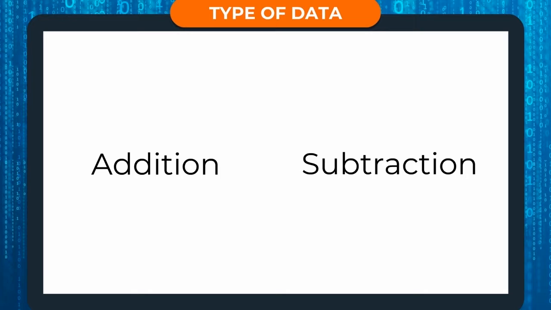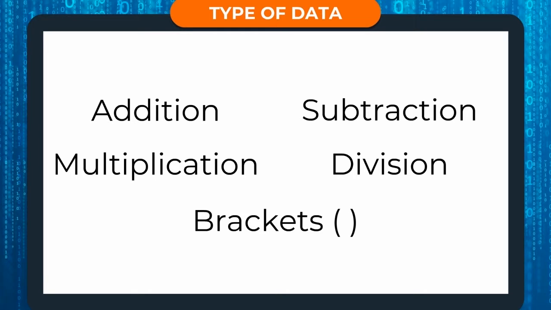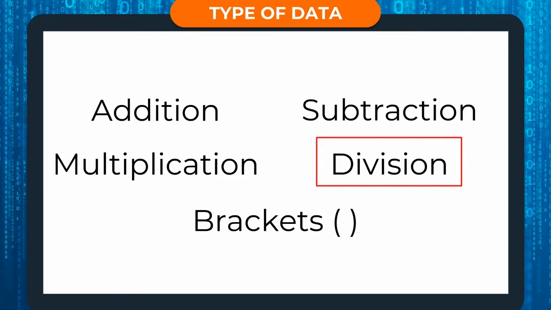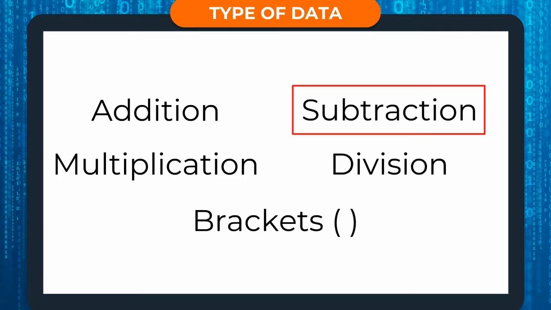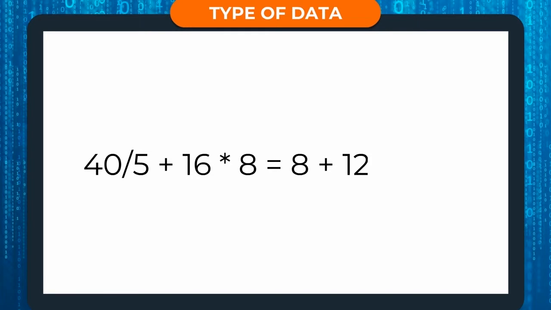If a calculation involves multiplication, division, and brackets, then the order does matter. Brackets are solved first, then multiplication and division, followed by addition or subtraction. Example: 40 by 5 plus 16 multiplied by 8 is equal to 8 plus 128 is equal to 136.